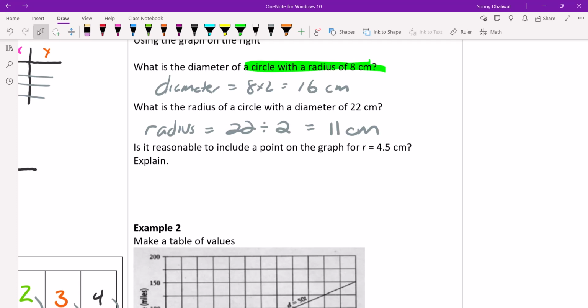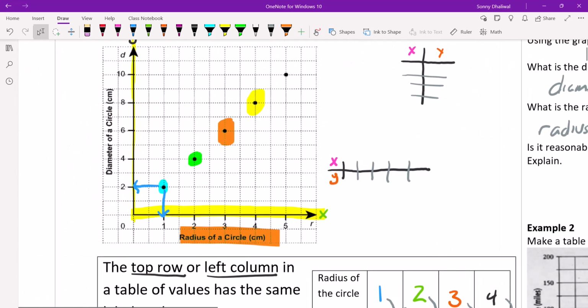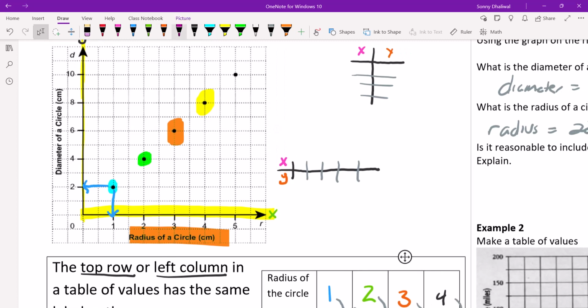Can you create a circle with 4.5 centimeters? Yes. So then why not be able to put a dot at 4.5, which would be right here. It would fit right in there. And then you could read off the value of the diameter of 9. So it's completely reasonable because yes, you can have a circle with that property, with 4.5 centimeters.